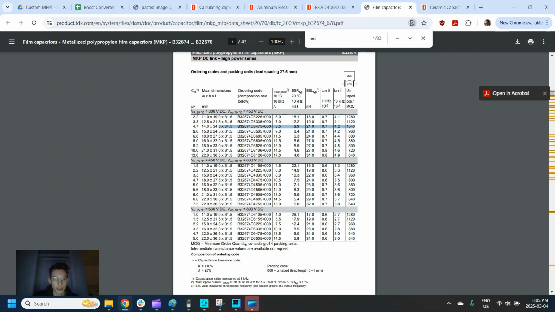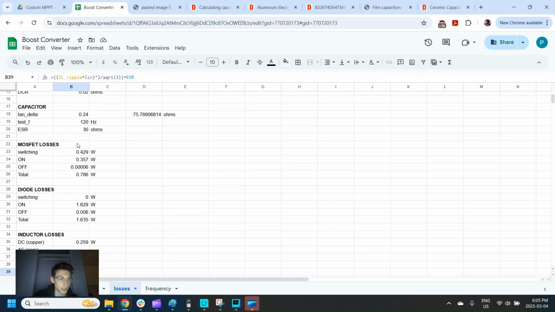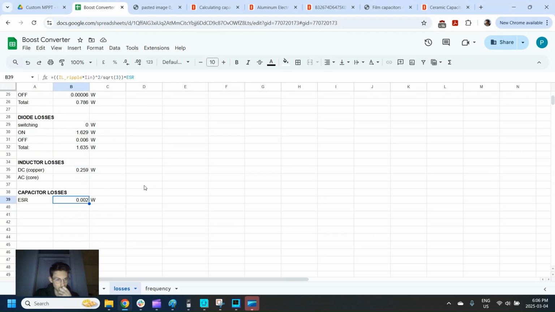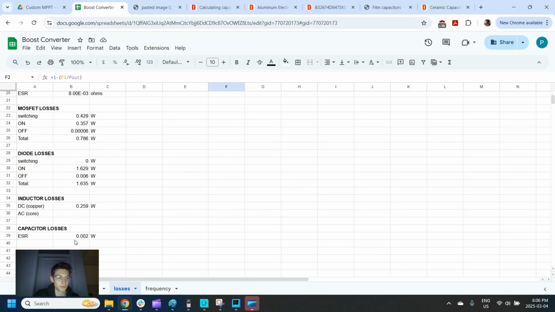For a 4.7, it's around 8 milliohms, so that's a lot better. If we throw that in here, 8 milliohms, here we go. Now we're seeing very, very low capacitor losses. This is more reasonable. It's not really going to affect our efficiency.